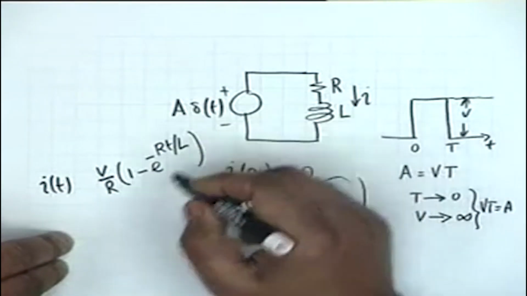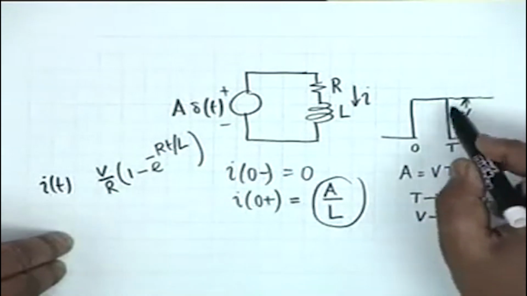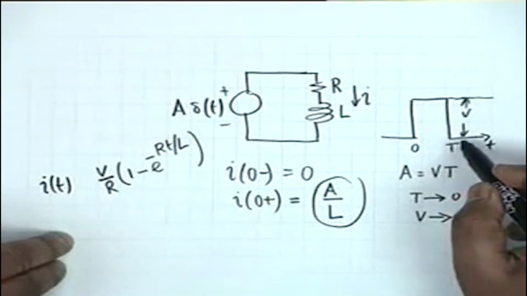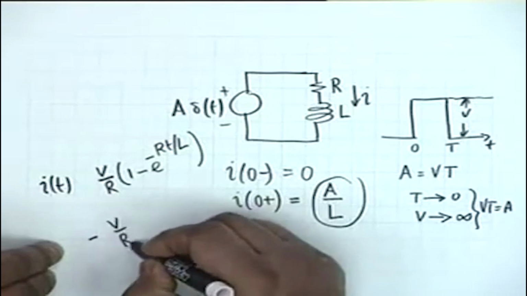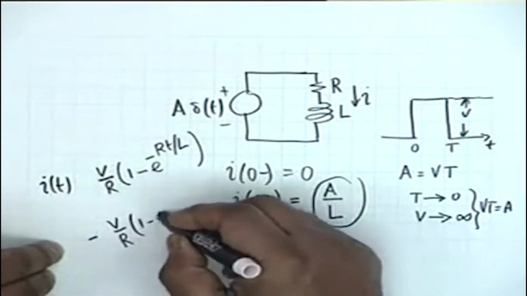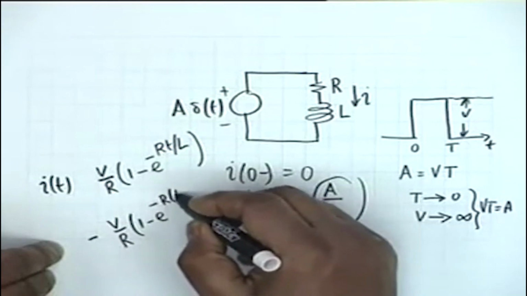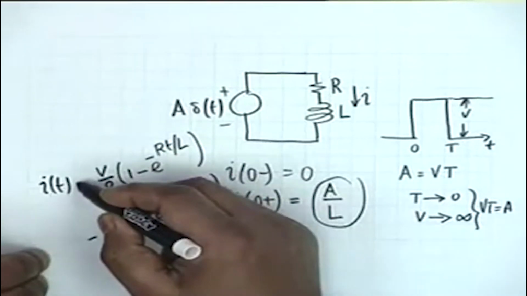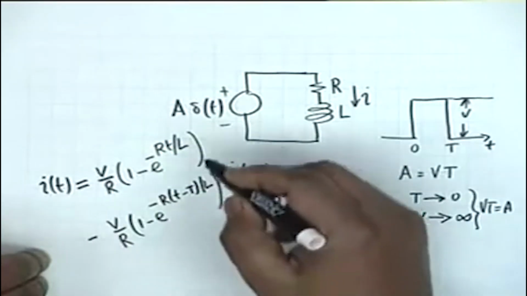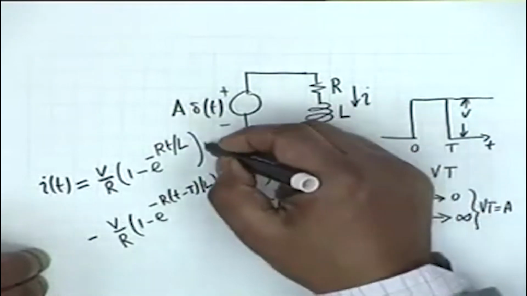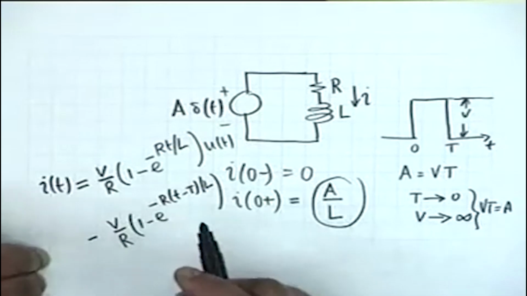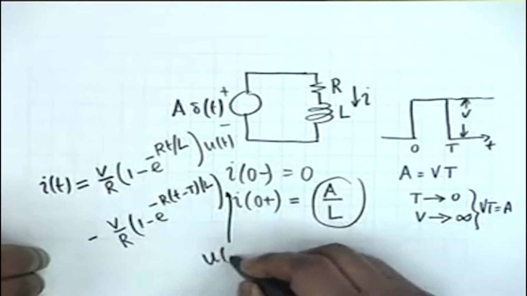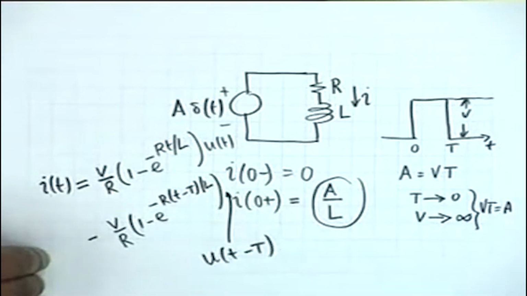Now if we apply the pulse, that is another negative step at small t equal to capital T, the response to that shall be V by R minus V by R, 1 minus e to the power minus R times t minus capital T divided by L. Alright, and the total current response would be equal to this multiplied by U of t, because it occurs for t greater than or equal to 0, and this quantity shall be multiplied by U of t minus capital T. Agreed?